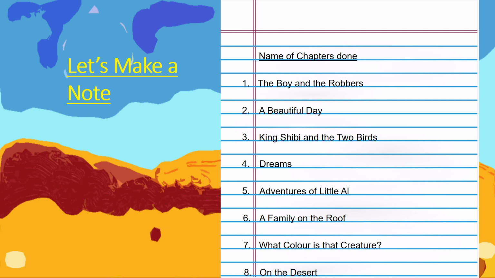After the chapter, leave a line and we give it a serial number 8 and write On the Desert. So in this book, this is the 8th chapter work that we are going to do.